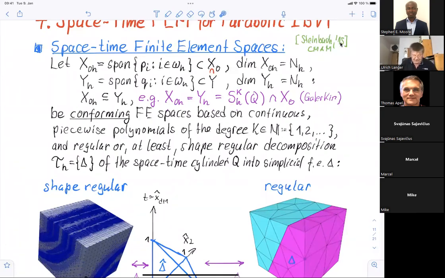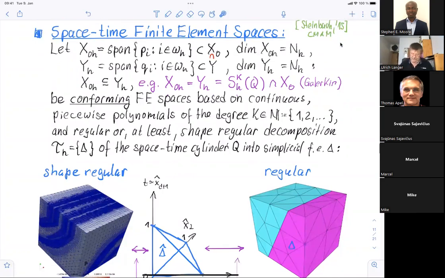So we have a decomposition tau into simplices, and we define continuous, piecewise polynomials of degree k. And intersecting with zero means prescribing the boundary condition and the initial condition.